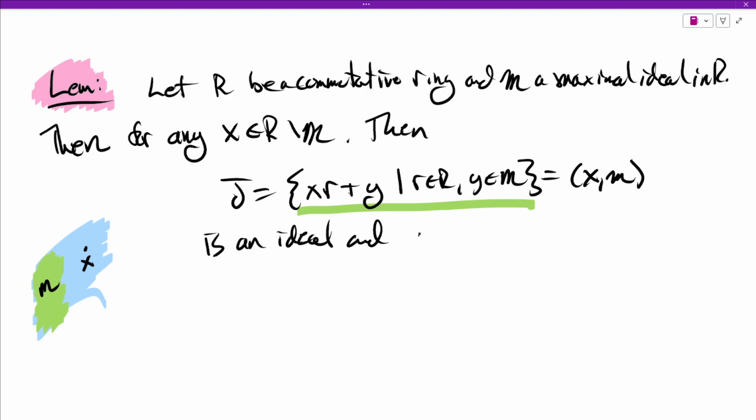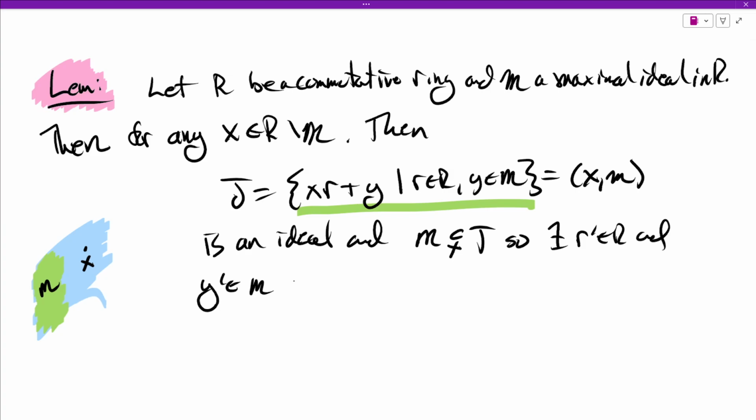And M is contained in but not equal to J. So there exist r prime in R and y prime in M such that 1 is x r prime plus y prime.